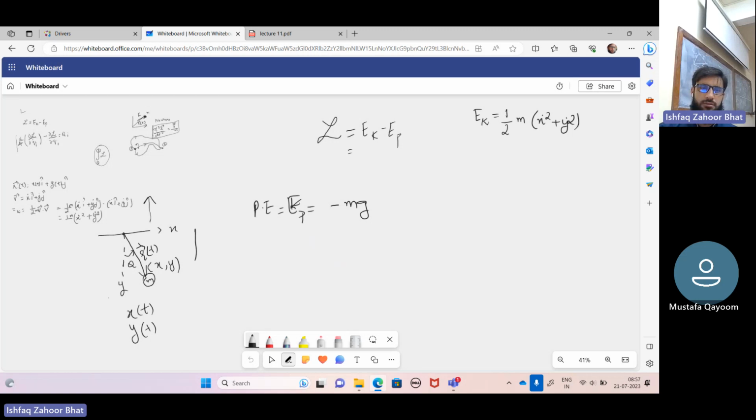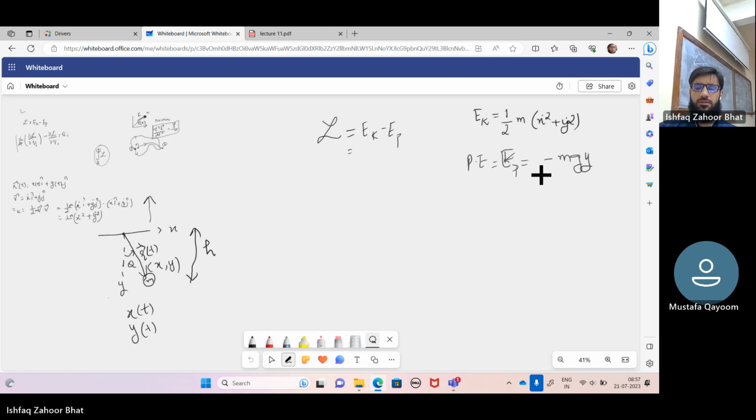But this h is nothing but the y coordinate for this mass. So it is minus mgy. Sorry, this is the potential energy associated with this mass.